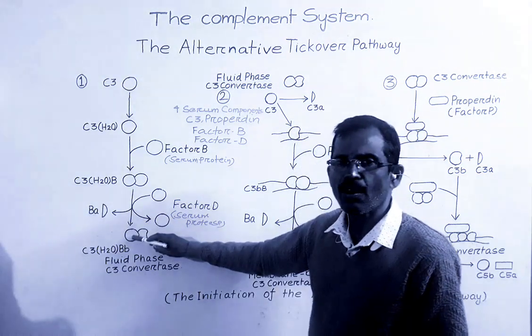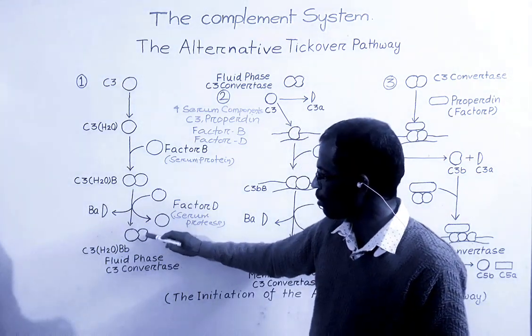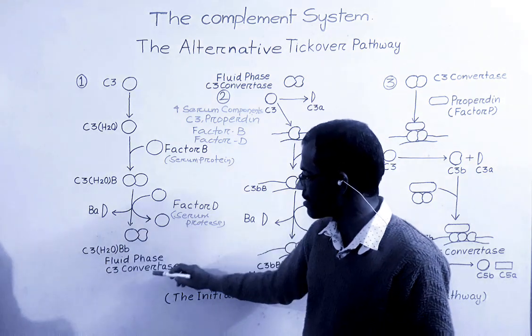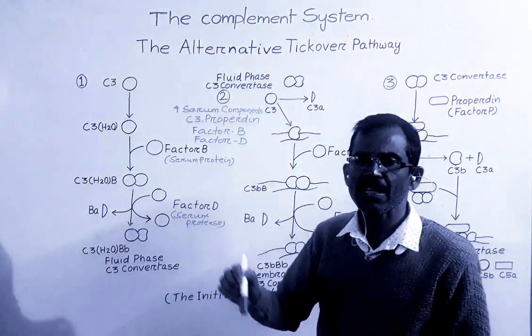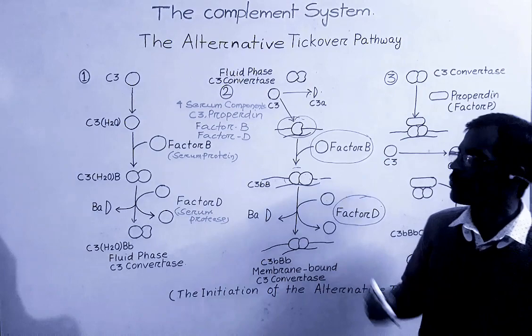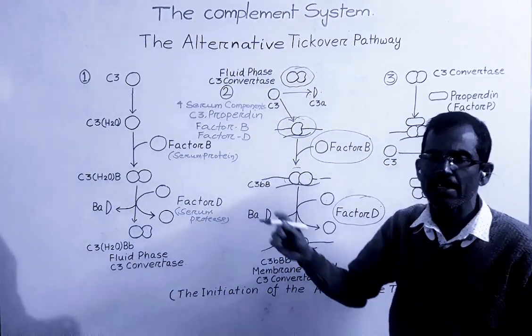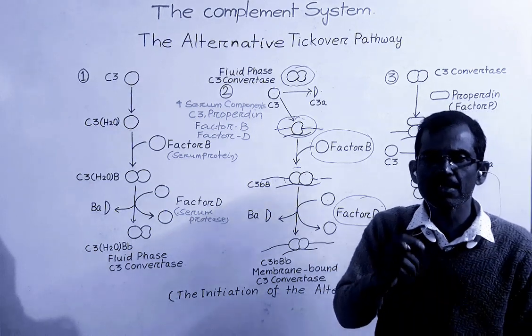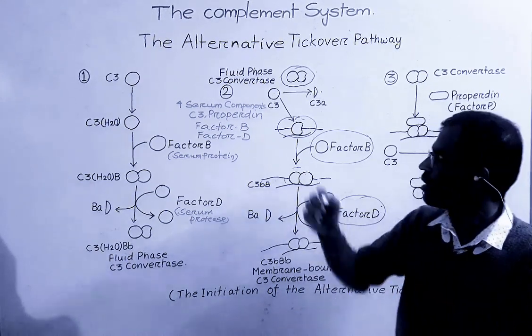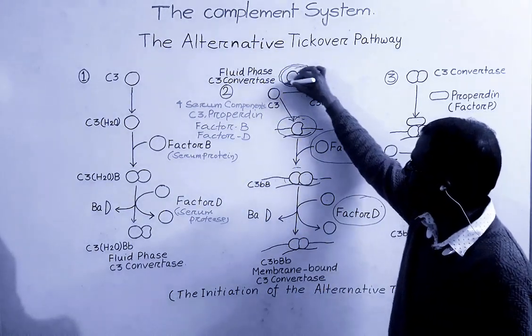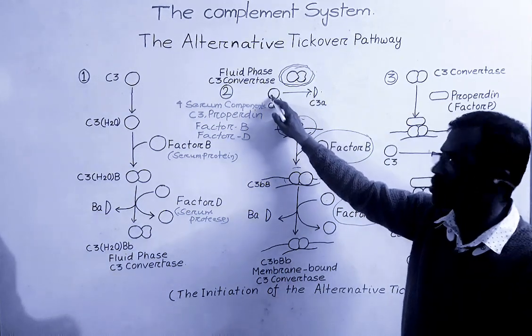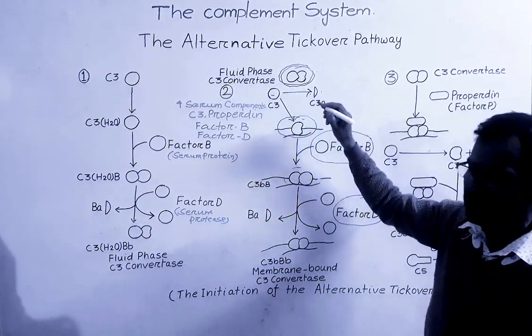This complex of C3H2O-Bb is known as the fluid phase C3 convertase. The fluid phase C3 convertase is also known as the initiating C3 convertase. This enzyme cleaves many molecules of C3 into two fragments.